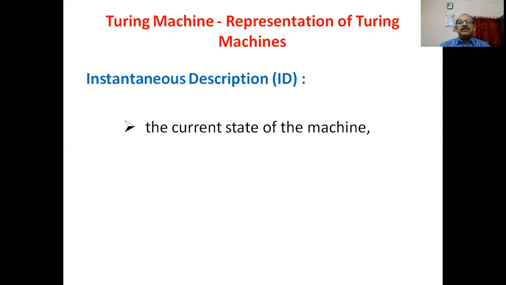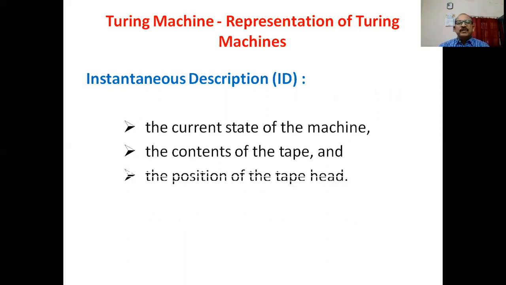With the help of the current state of the machine, contents of the tape, and the position of the tape head. With the help of these three things, we can represent the current configuration of the Turing machine: current state, contents of the tape, and the position of the tape head.